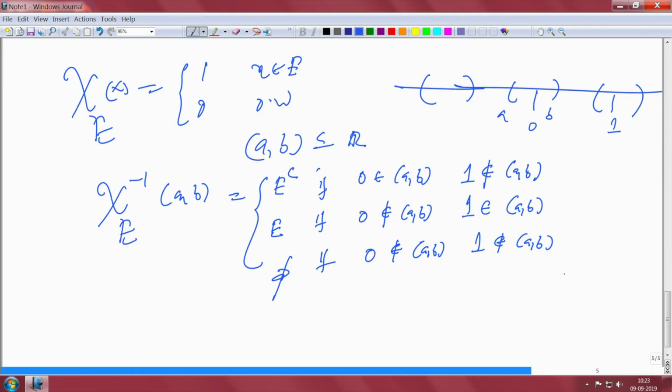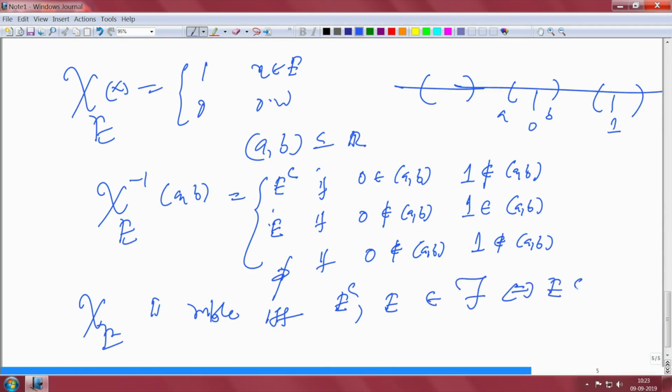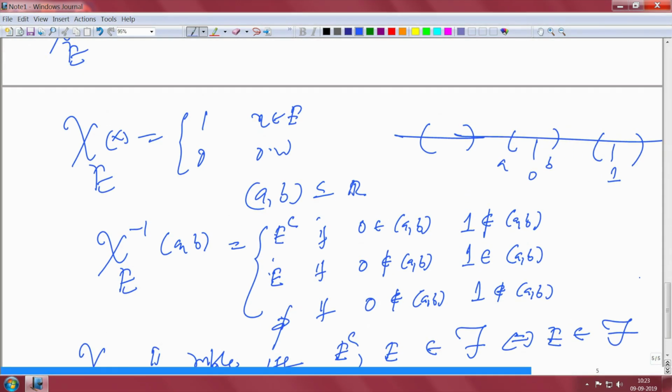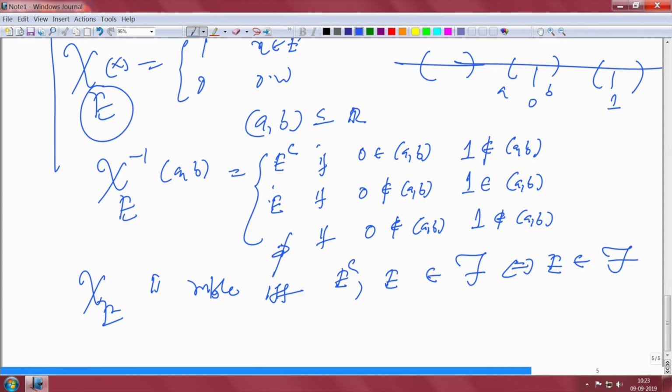So this tells me that chi E is measurable if and only if these sets, E complement and E, are in script F, which is the same as saying E is in script F. So this function is measurable if and only if the set E is measurable. That is one of the simplest examples of measurable functions.